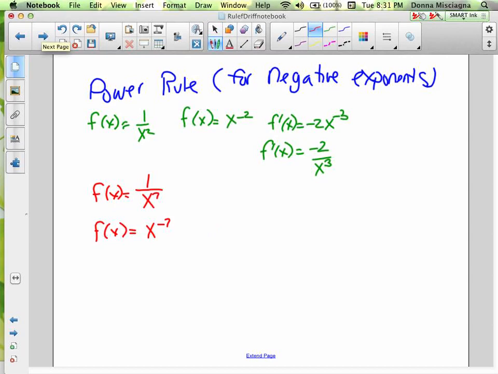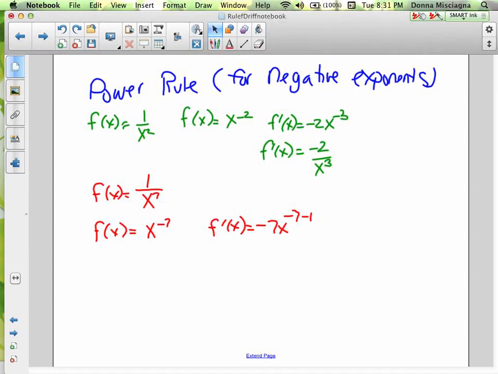And if we take the derivative, f prime of x, the negative 7 would move in front, so we have negative 7 times x, and then we'd have negative 7 minus 1. I really should have done that over here, just so that you got the idea. Here, I'll redo that for you. For now, I'm going to make sure I show every single step, so it makes sense to you.